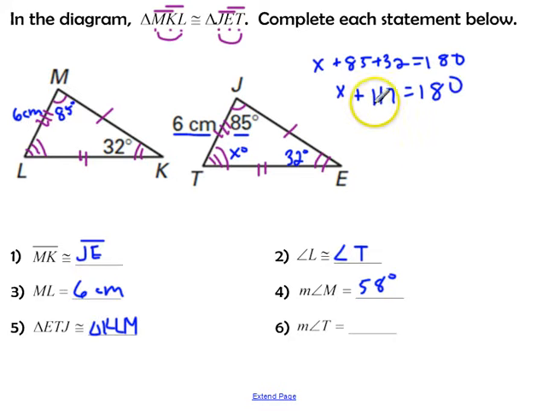Now to isolate x, we want to get rid of this, so we want to subtract 117 from both sides. And then we have x is equal to 63. So that means that angle x, which is our angle T, which is what we are looking for, is 63 degrees.